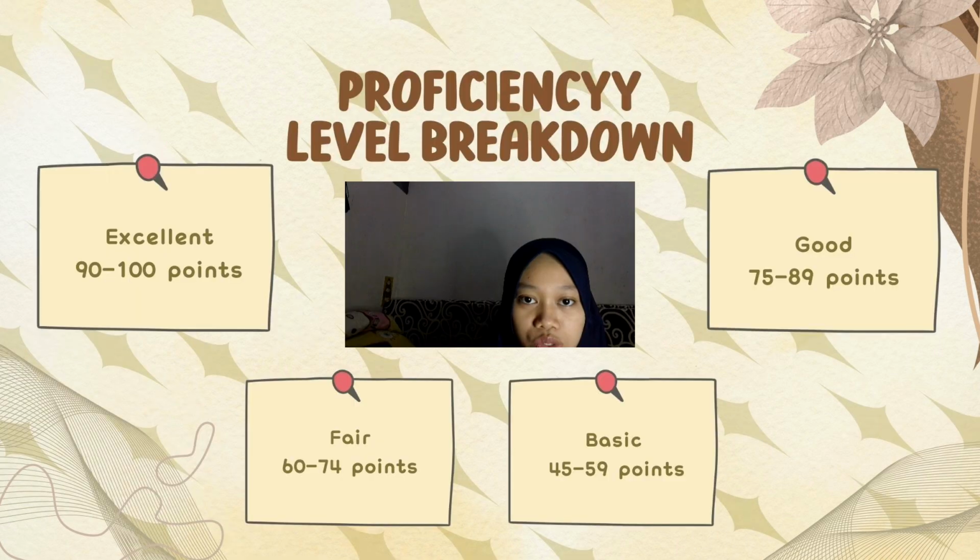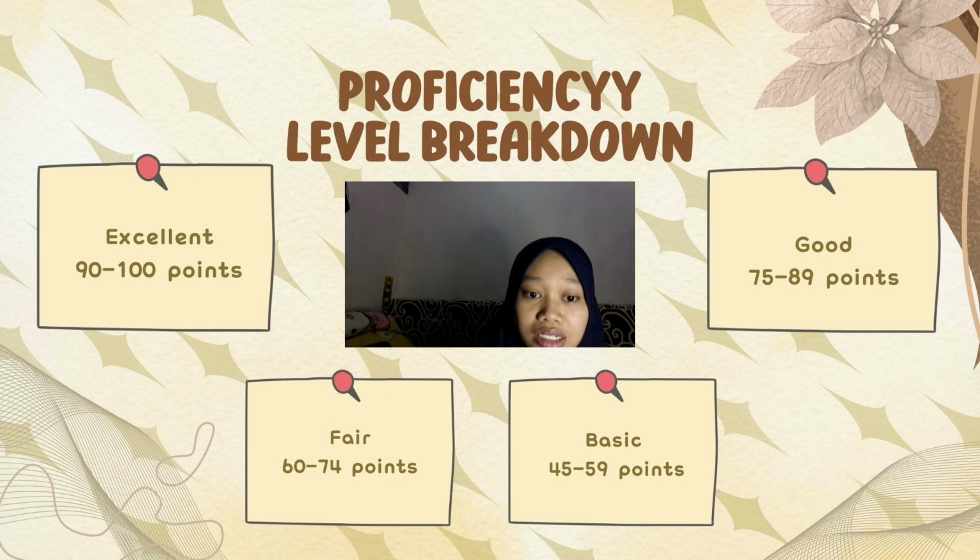Okay, we go next to part 2. The first we are going to talk about is the proficiency level breakdown. As we can see, there are some points. These are the points for the final score that students get when they take the C-test. They are excellent, good, fair, and basic.